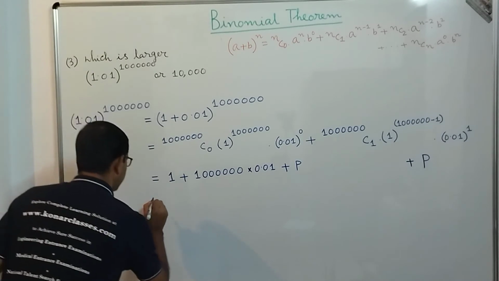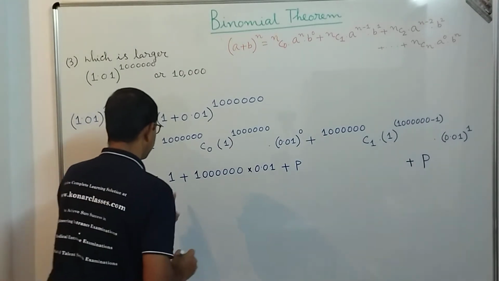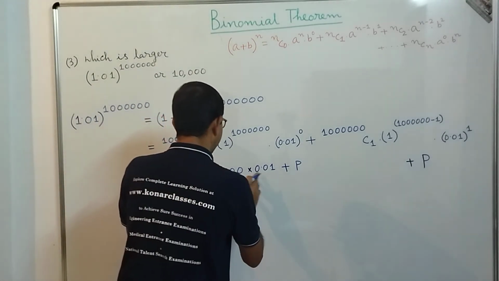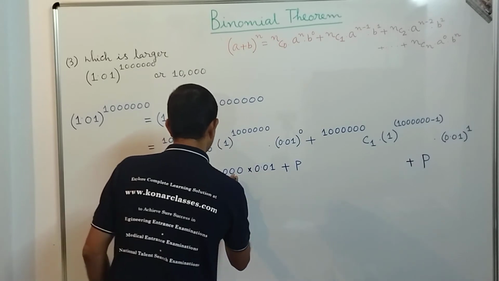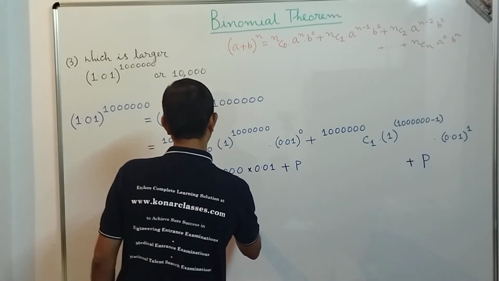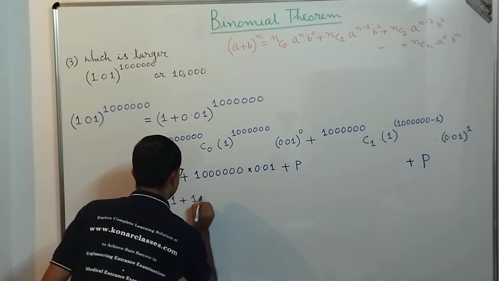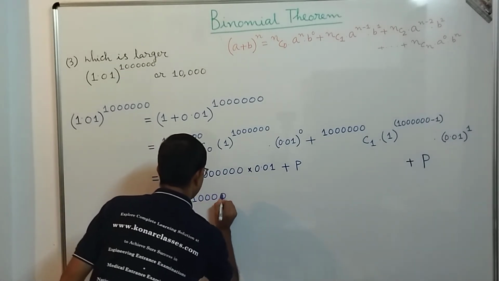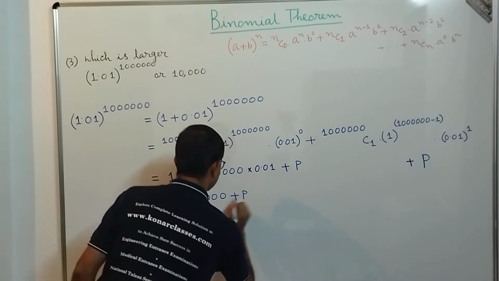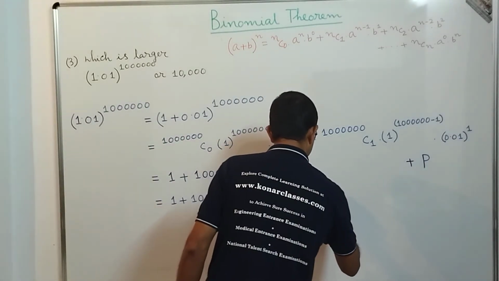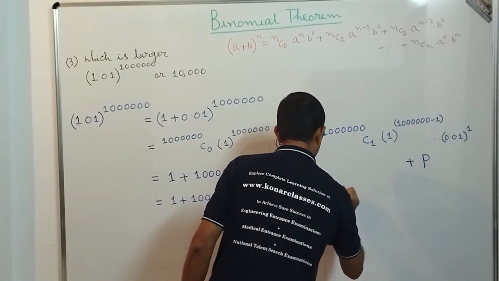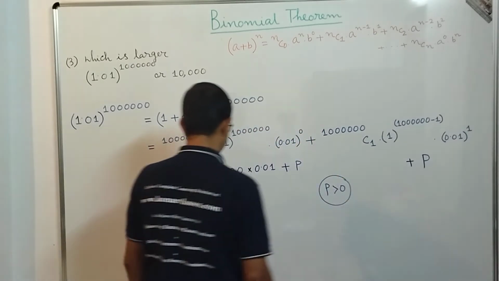So now if we look at this, what we are going to get, 1 plus 10 lakh into 0.01, so what we get is 10,000, so 1 plus 10,000 plus a positive term. Not to mention that obviously P is greater than 0, that you remember.